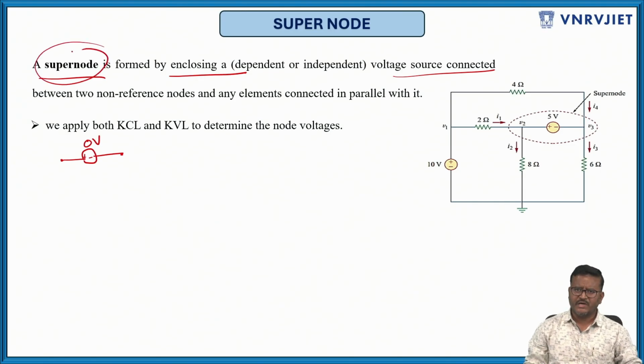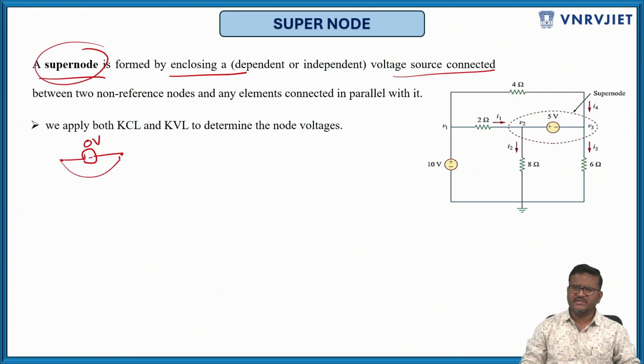A supernode is formed by enclosing either a dependent source or an independent source, whatever it is. We don't have separate constraints for a dependent source or an independent source. Whatever it is, if a voltage source is present between two non-reference nodes, you just assume it as a 0 voltage source, so that the two nodes are not separated.